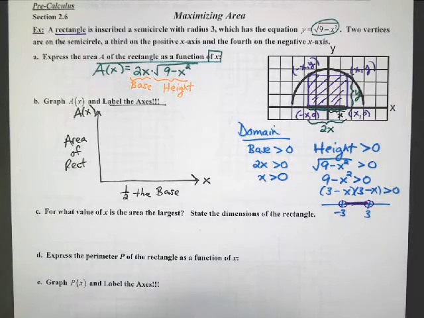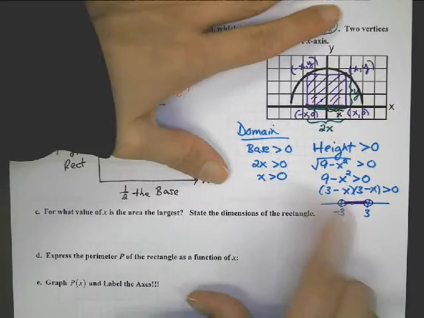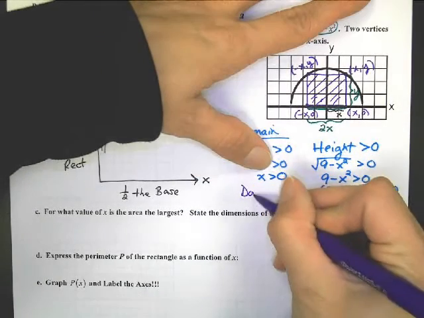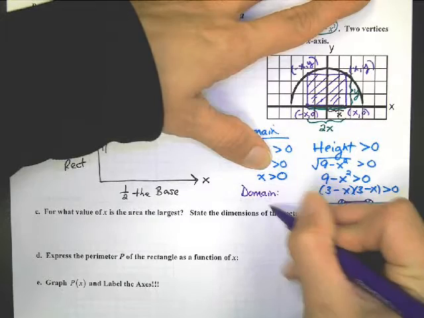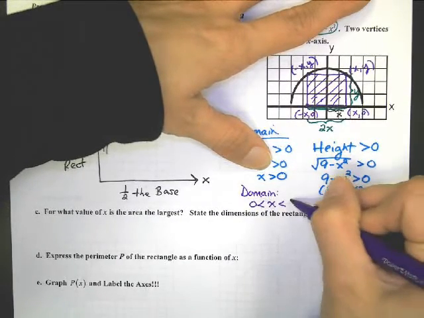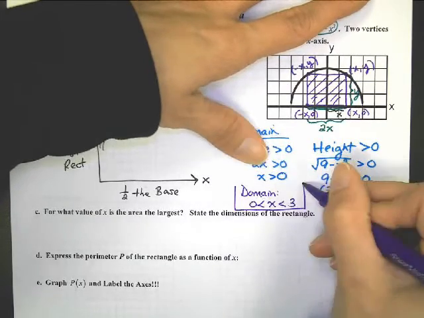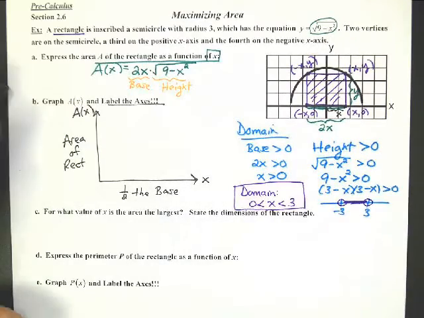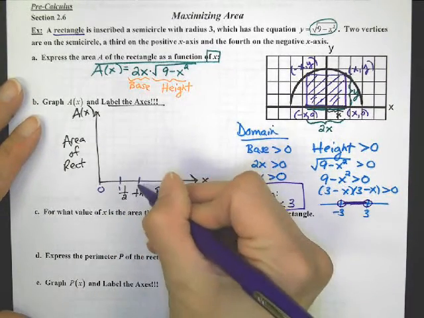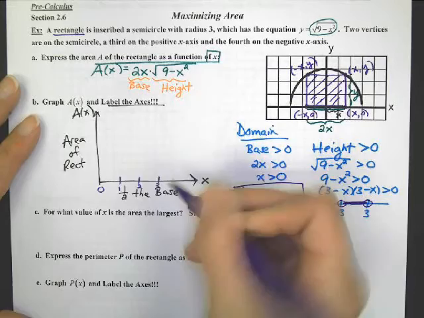Sure is. So let's make sure that the domain and the height, the base and the height here, are both in existence. So the overall domain answer is going to be x's that are between 0 and 3. Okay, so let's go ahead and label the x-axis then as 0, 1, 2, and 3.